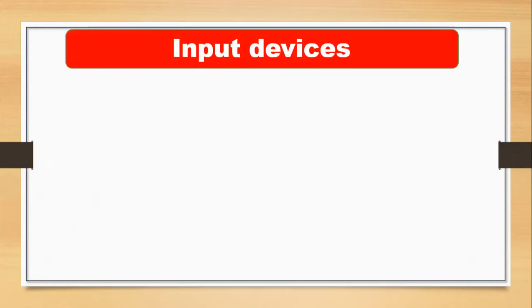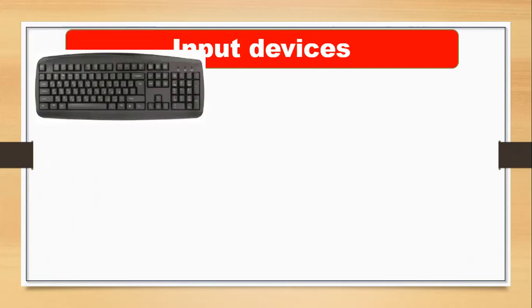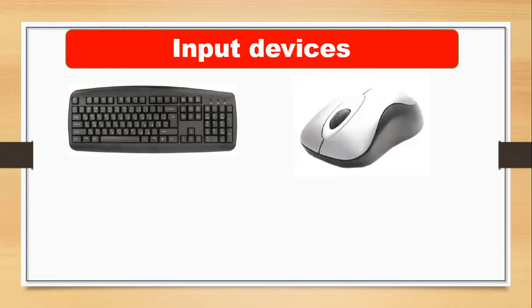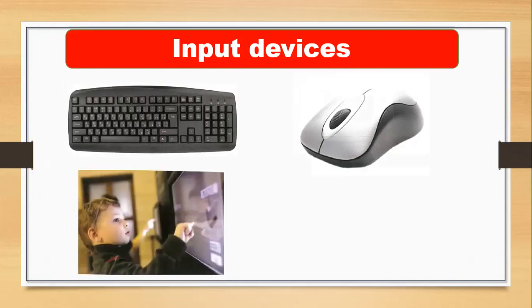Okay, let's look at the input devices. First of all, the keyboard. The keyboard helps us to send information to the computer. You can write. Then the mouse is an input device, a pointer device that helps to change different things. You can select and click on the computer. And the touch screen: when you touch the screen, you give information to the computer to do this thing.